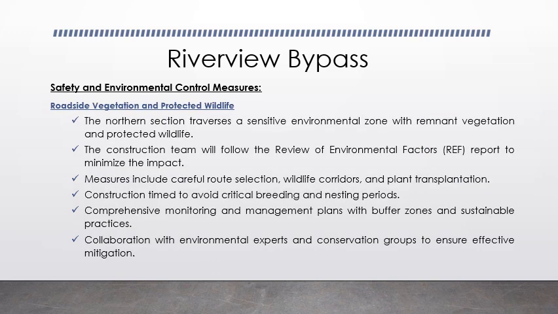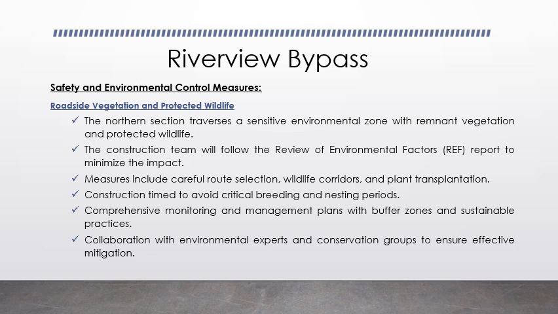Now we'll discuss the roadside vegetation and protected wildlife. We have some remnant vegetation and protected wildlife, especially in the northern section. The construction team will follow the review of environmental factors (REF) report to minimize the impact.